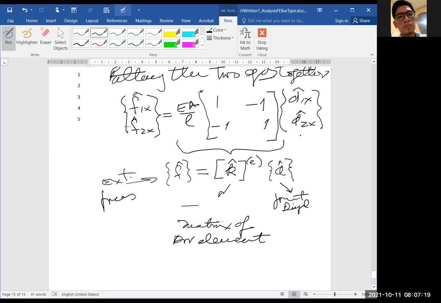That means that if we take the problem just like this, we are not able to solve it. And that's because we have not applied enough support conditions.